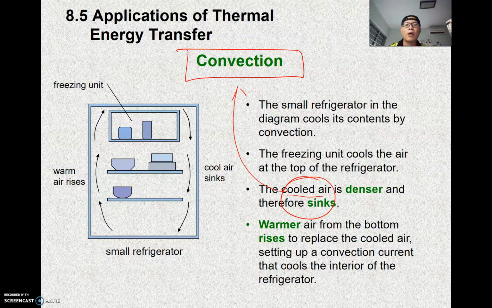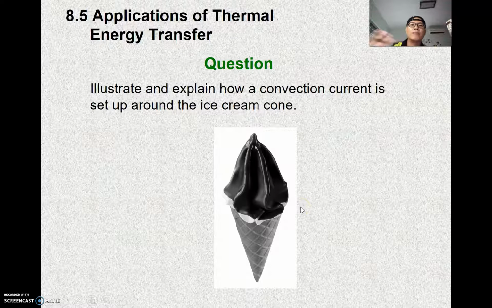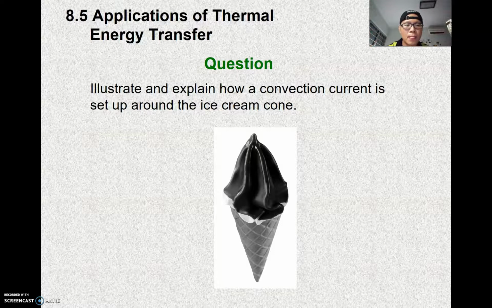Now how about a simple thing like ice cream? Most of the time ice cream comes in different flavors, different colors, different ingredients. But one thing common about all ice cream is that it's cold. And because it's cold, we will know that the air around the ice cream is cold.